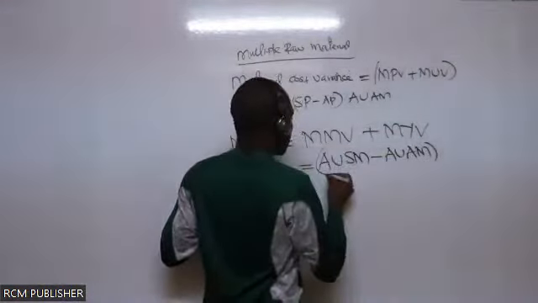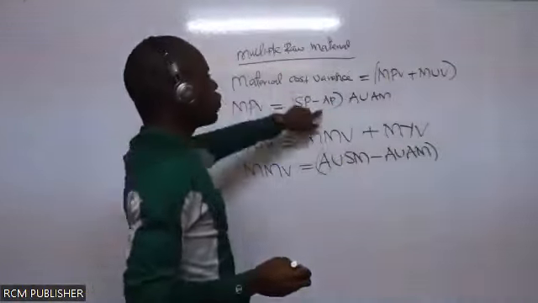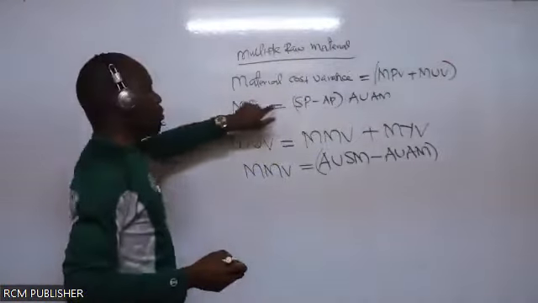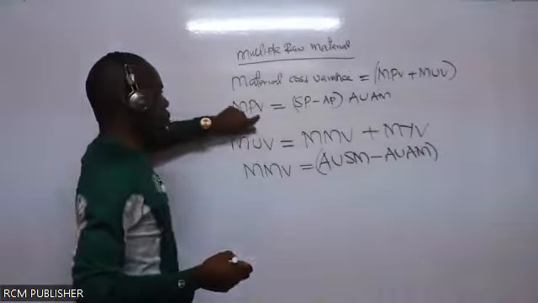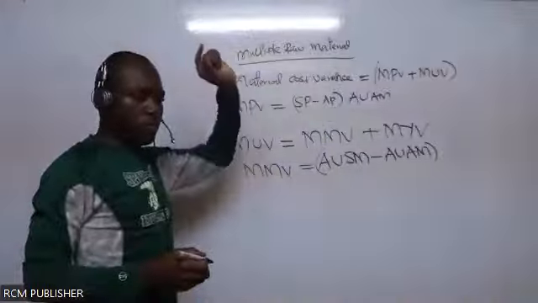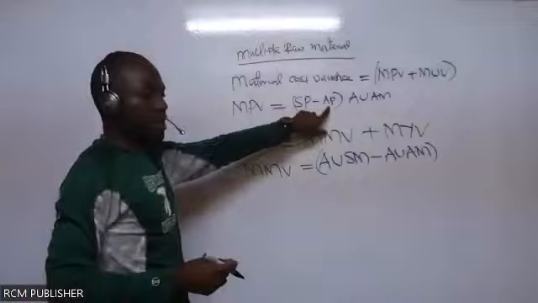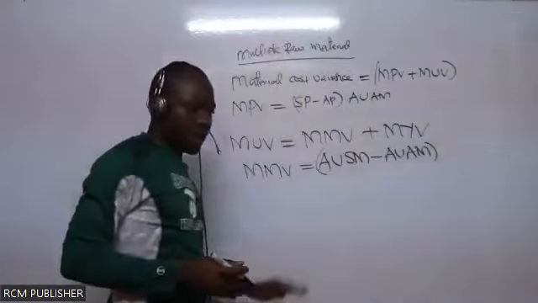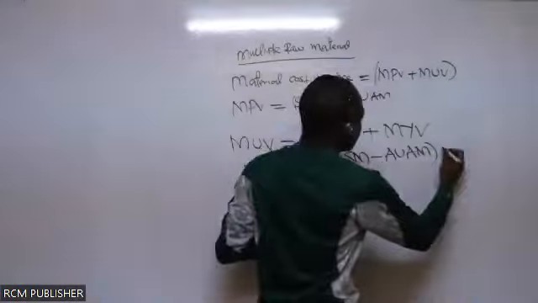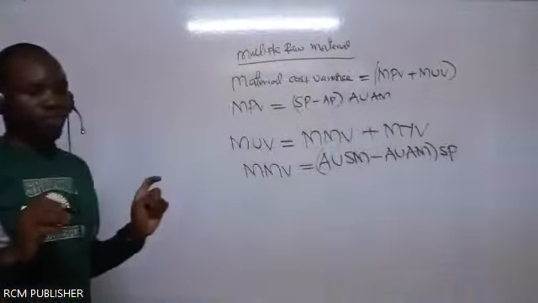Now, remember I told you that the only place we are going to use the actual price is when you're going to compare the price, when you're looking at the price variance. Any other thing after that, we use standard price, not actual.